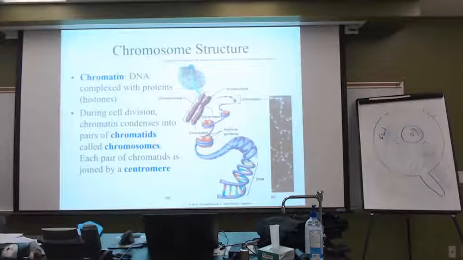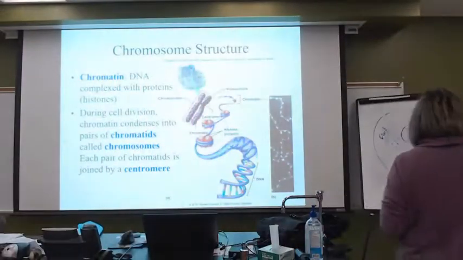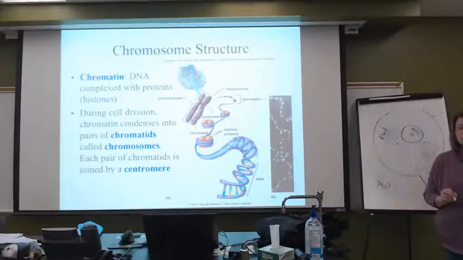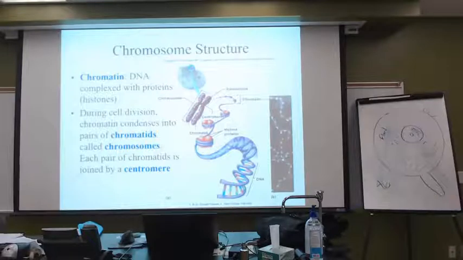DNA, we know as our chromosomes. In an animal cell, we have 46 chromosomes. One chromosome is a DNA molecule. So that means in the nucleus of our cells, we have got 46 DNA molecules.